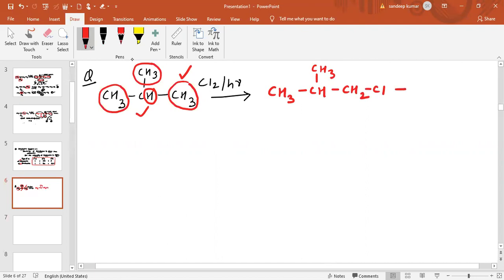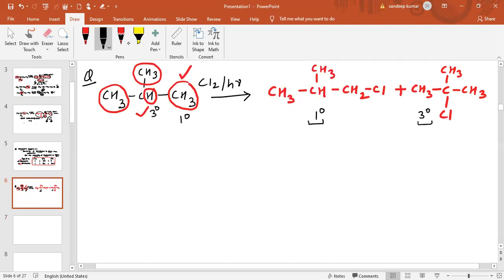And another product obtained is CH3C(CH3)(CH3) with Cl there when hydrogen is replaced by Cl. So this is the 1 degree product, because this is 1 degree hydrogen, and this is the 3 degree product, because this is 3 degree hydrogen.